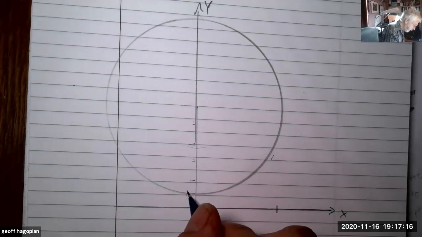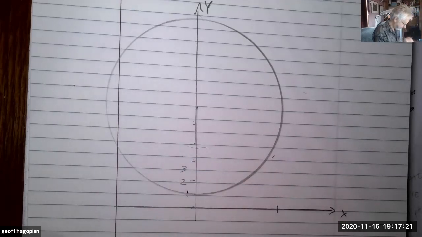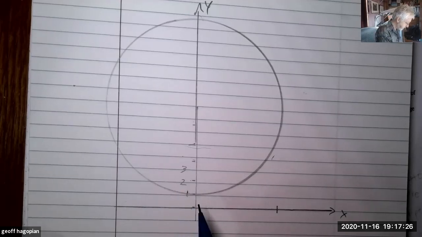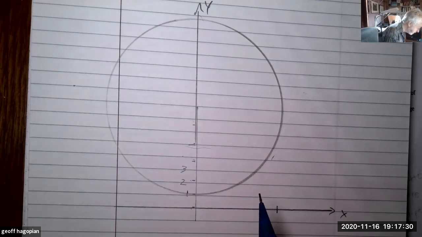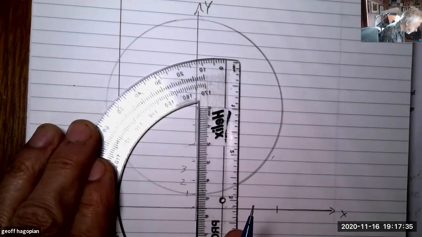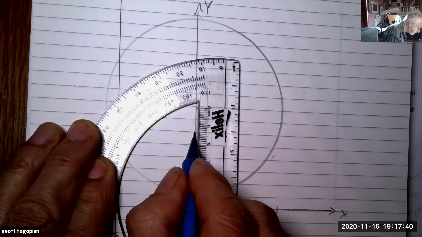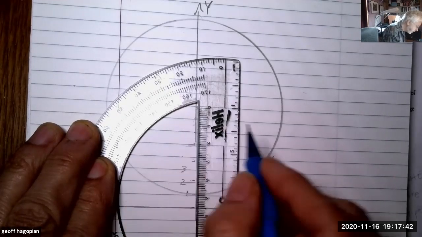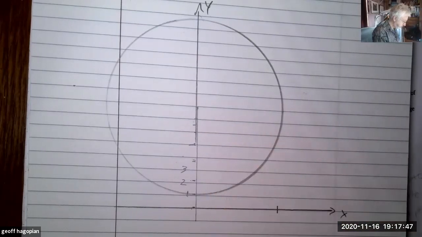So this is 1, 2, 3. Oh, those were 2s, weren't they? Oh. 5, 6. Wait, what did I do? Okay, so these are half centimeters. 1, 2, 3, 4, 5.